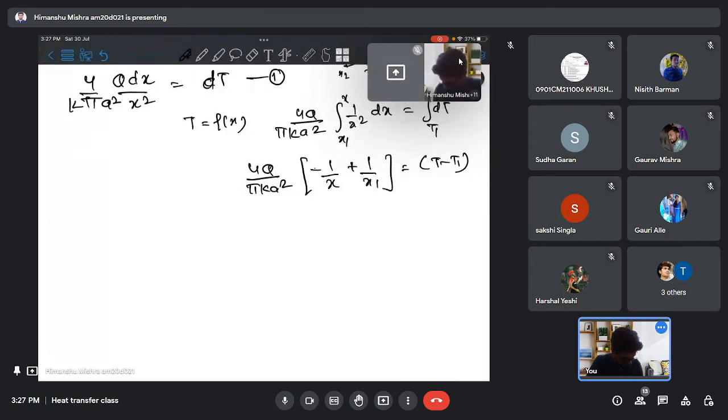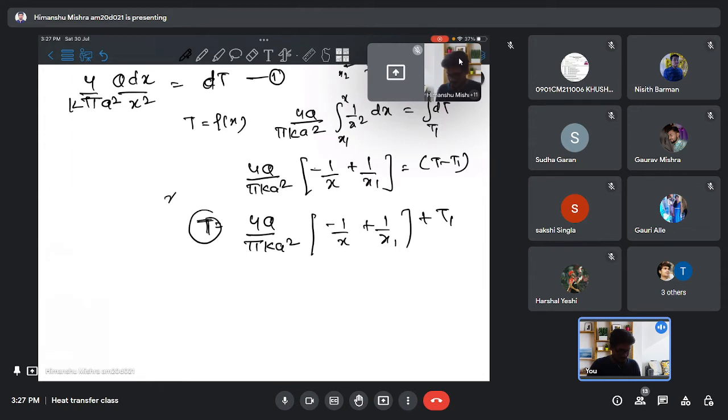So I can define my temperature at some arbitrary location x as T equals 4q by pi k a square times (1 over x1 minus 1 over x) plus T1. So this is my relation of temperature T at location x.